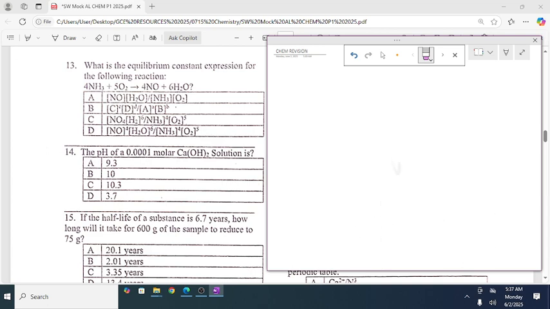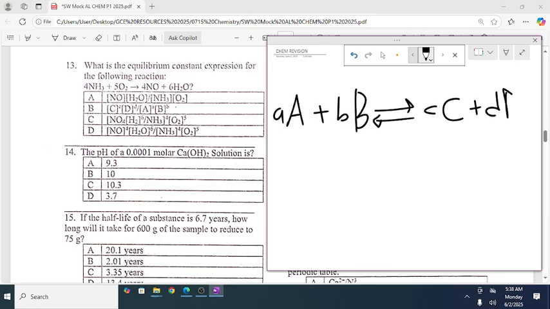So if I have a reaction A plus B reversible to give me C plus D, the equilibrium constant K will be equal to the concentration of the products, raised to their stoichiometric coefficients in the balanced chemical equation, which are the coefficients written in front.